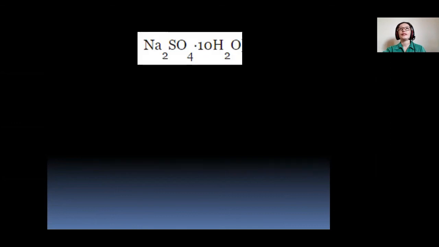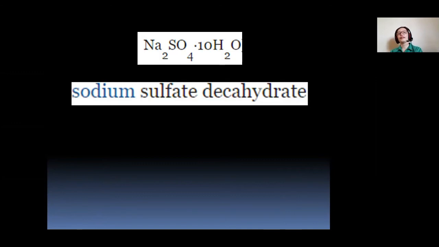Okay? Another. Okay, what about this one? So name first the salt. So Na and SO4. So this is sodium and sulfate. Sodium sulfate. How many water molecules are there in the compound? So you have 10. 10 is deca. And then the word hydrate. So this is sodium sulfate decahydrate.